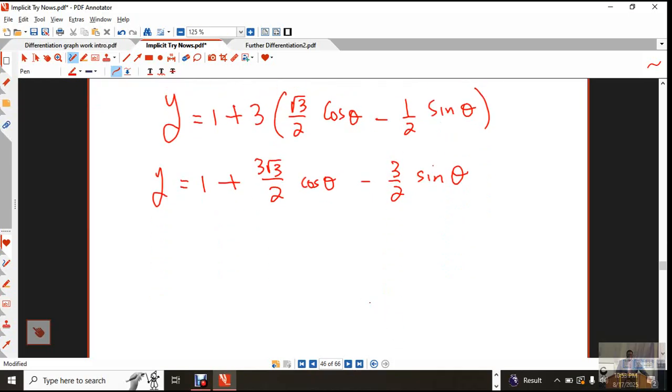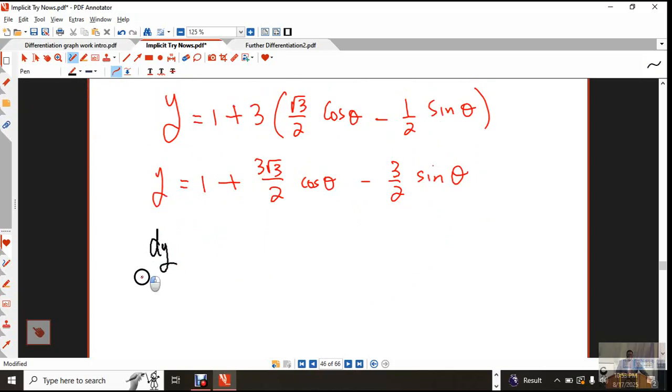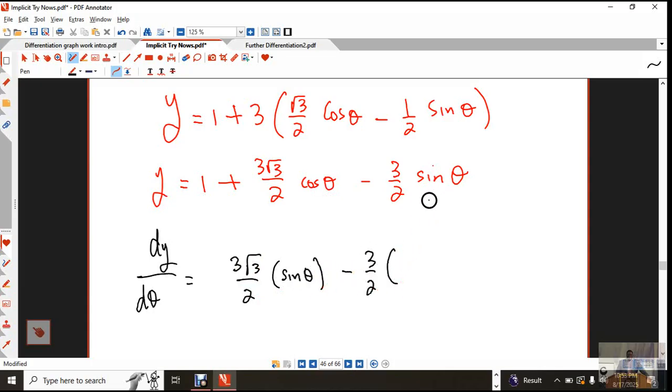So dy d theta, the derivative of 1 is 0. This is the same as 3 root 3 over 2, and the derivative of cosine is sine theta, minus 3 over 2. The derivative of sine theta is, let's come back here.